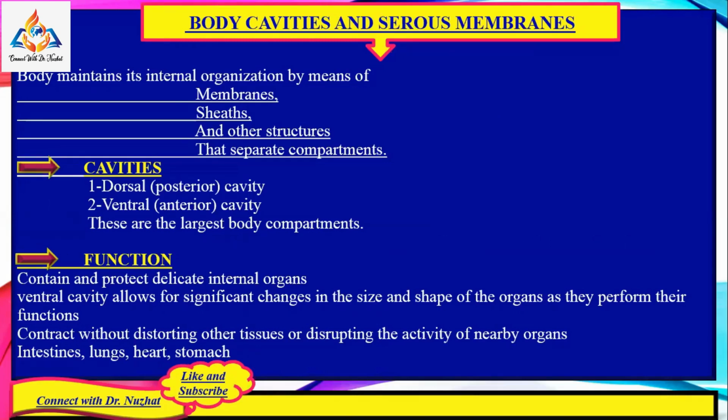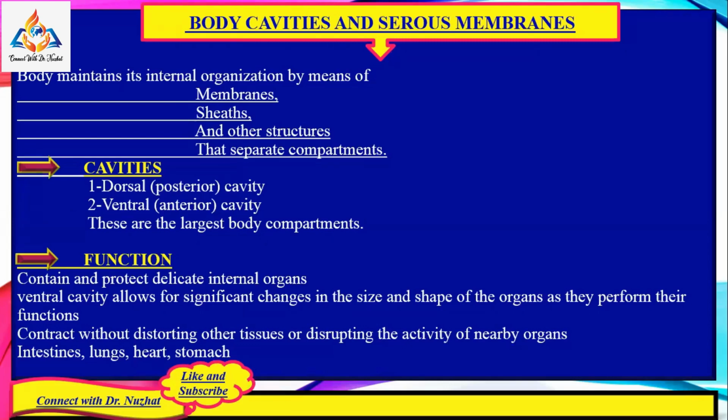Cavities or spaces of the body contain the internal organs or viscera. Two main cavities are called the ventral and dorsal cavities. Dorsal is the posterior cavity and ventral is the anterior cavity. These are the largest body compartments.